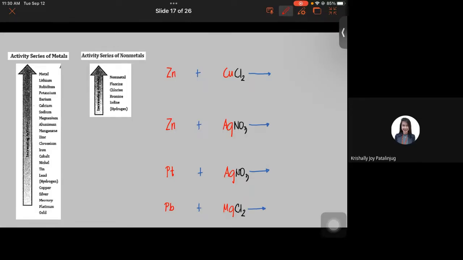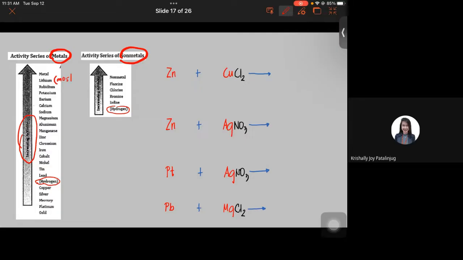This tells us the order of reactivity of metals versus non-metals, and how they compare in reactivity with hydrogen is how they are listed here. Under metals, on the left side, the arrow is going up, so reactivity increases going up.